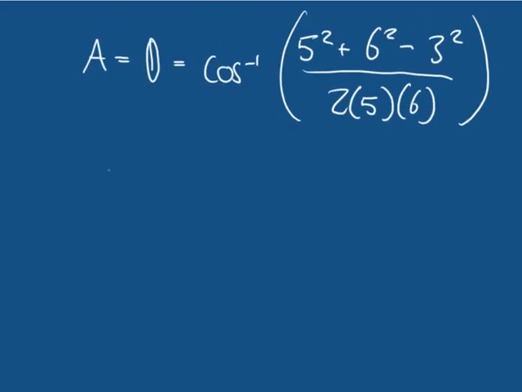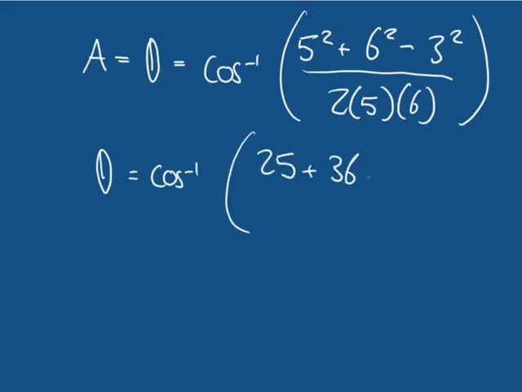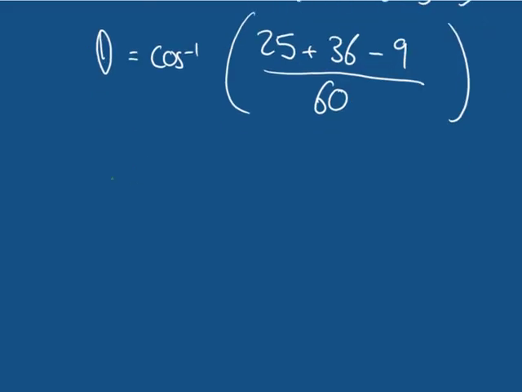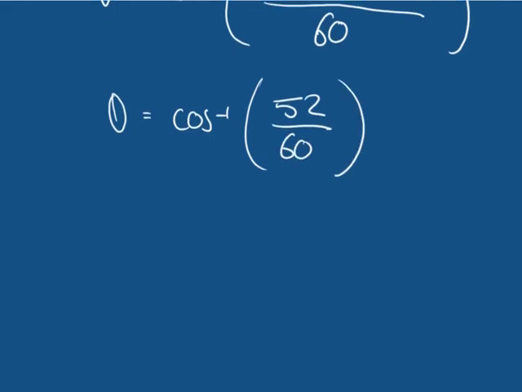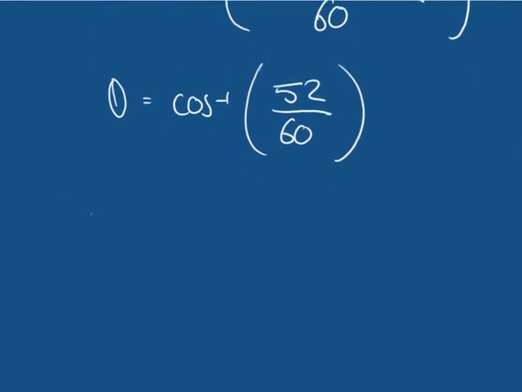Which means that theta is equal to the inverse cosine of 25 plus 36 minus 9, divided by 2 times 5 is 10, times 6 is 60. So theta is the inverse cosine of 25 plus 36 is 61, minus 9 is 52, over 60. We can use a calculator now to work out the value of theta.